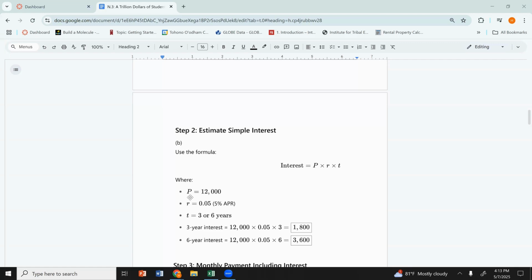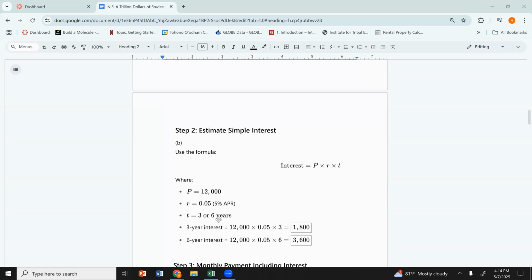The principal in our situation is $12,000, the amount of money Melinda borrowed to get the car. The rate is 5% APR, the annual percentage rate. 5% is the same as 5 divided by 100, so that's why we have 0.05. The time is either 3 years or 6 years, because we have those two options, and we're going to calculate for both so we can compare the two options.